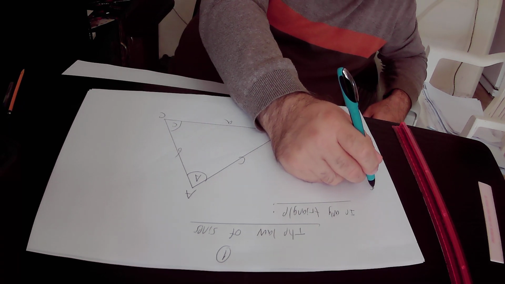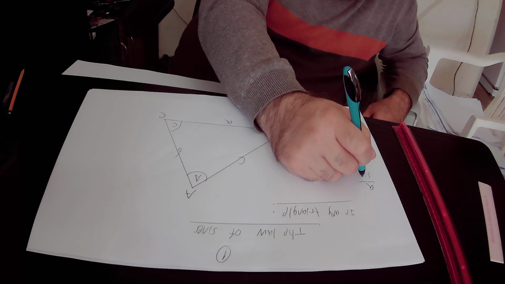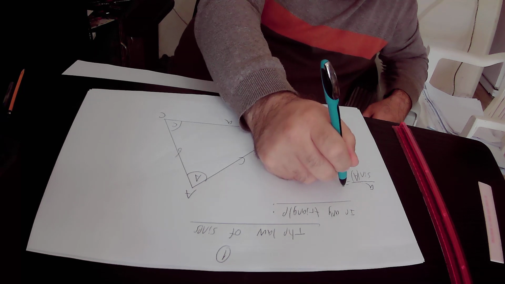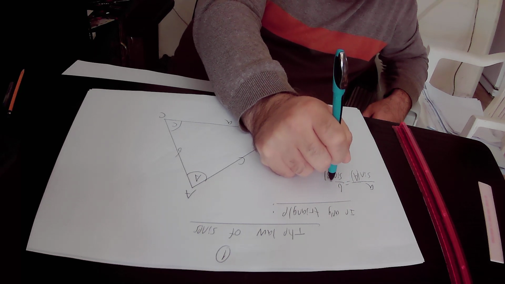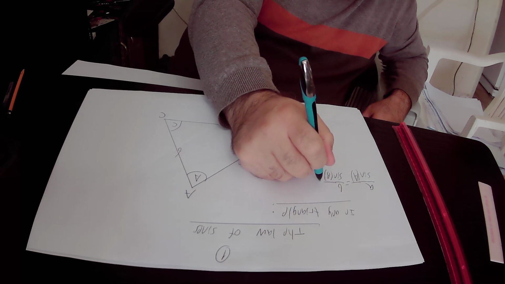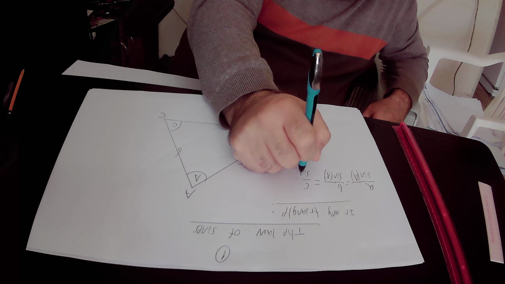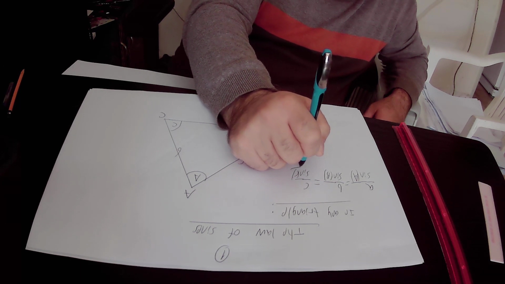I'll write it down. A over sine A equals B over sine B equals C over sine C. This formula is true in any triangle.